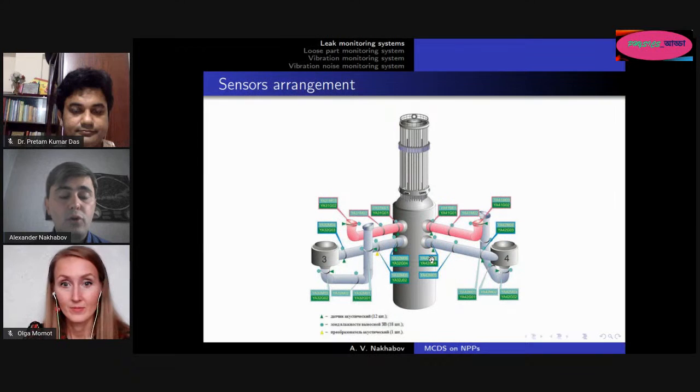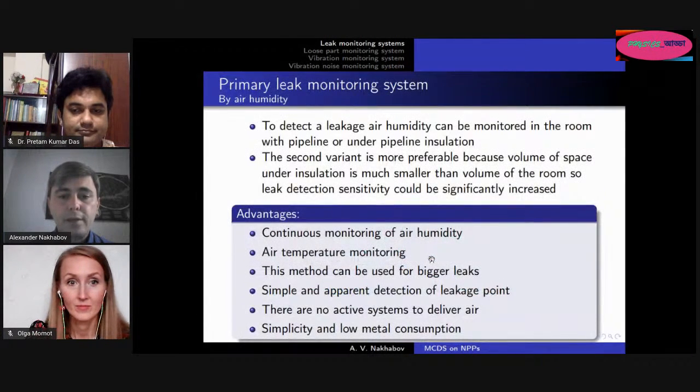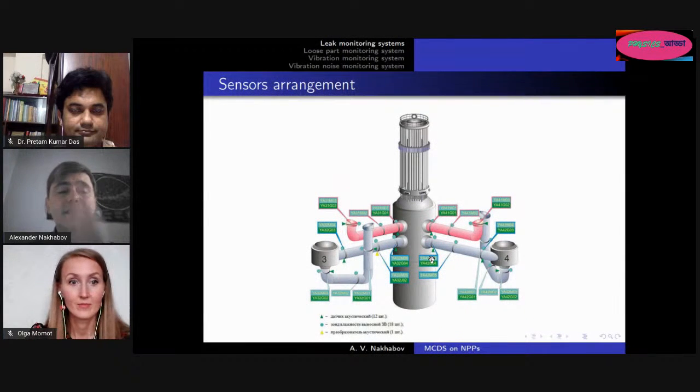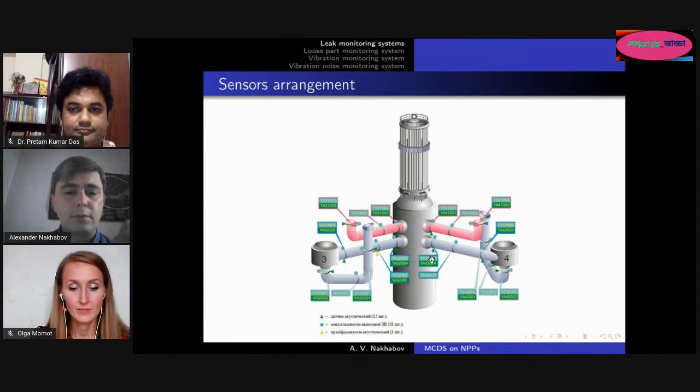Totally we have four loops of the primary circuit. Actually, it's just an example, because approximately the same pictures can be given for the upper block of the reactor vessel itself, for pipelines between the pressurizer and the primary circuit, and so on. So it's just an example for the primary circuit itself.